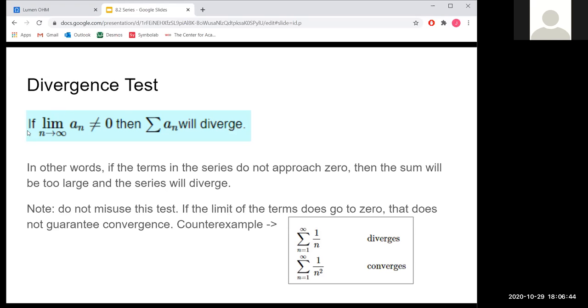So it says, if the limit of a series, so a sub n is a series, if the limit of a series as n approaches infinity does not go to 0, then the series will diverge. And let's take a moment to convince ourselves why that's true. So let me go back to the board.